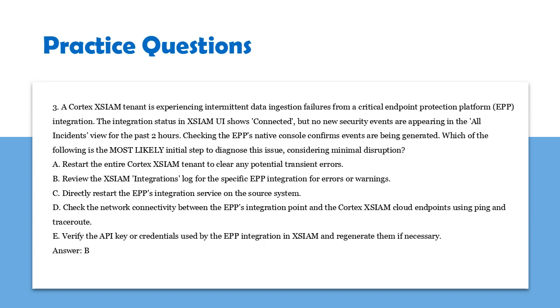D. Check the network connectivity between the EPP's integration point and the Cortex XSIAM cloud endpoints using ping and traceroute. E. Verify the API key or credentials used by the EPP integration in XSIAM and regenerate them if necessary. Answer: B.